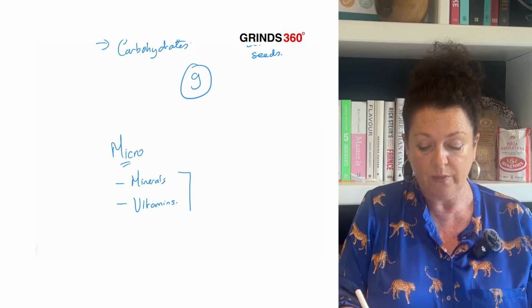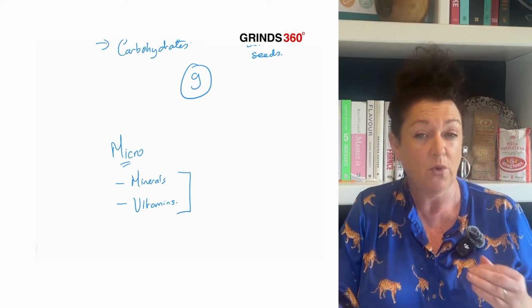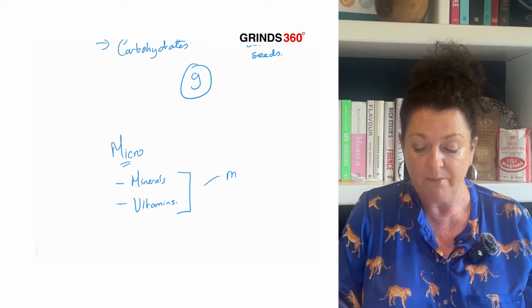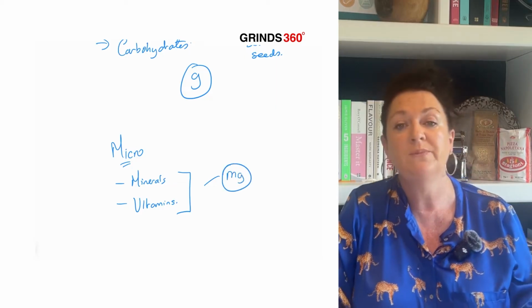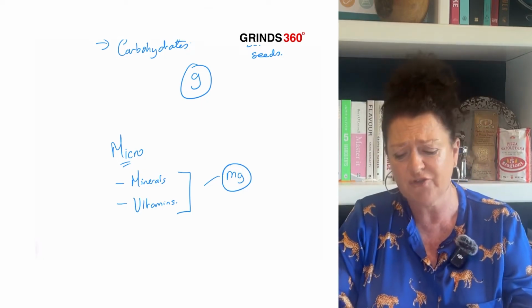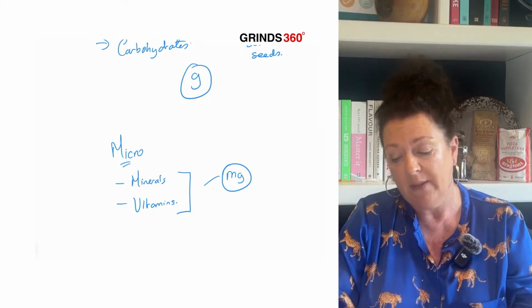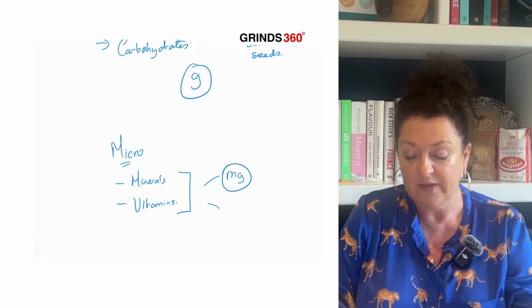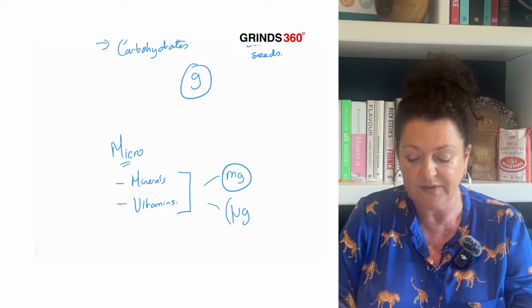Now, when we talk about minerals and vitamins, we said small or minute amounts for the micronutrients. So we're looking at milligrams. Now, milligrams are 1/1000th of a gram, an amount that is extremely small. However, there is a smaller measurement again, and this is called a microgram, a straight line with the U at the side.